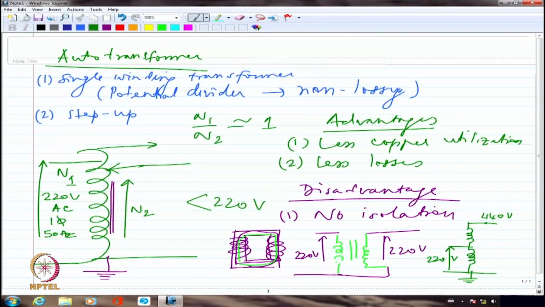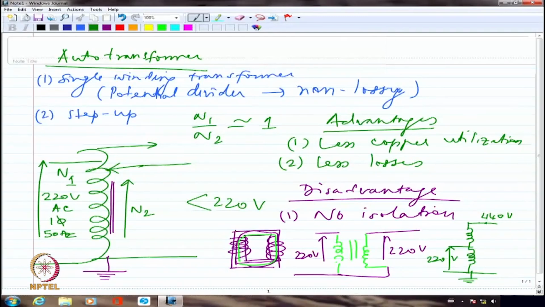Or 220 times root 2 at the most, because the peak of the voltage is root 2 times 220. But in this particular case, the voltage at this point happens to be at 440 volts. So the insulations can rupture if I continue to use it for too long a period, because it is facing the brunt of that 440 multiplied by root 2. That is the voltage that it is facing on a continuous basis.